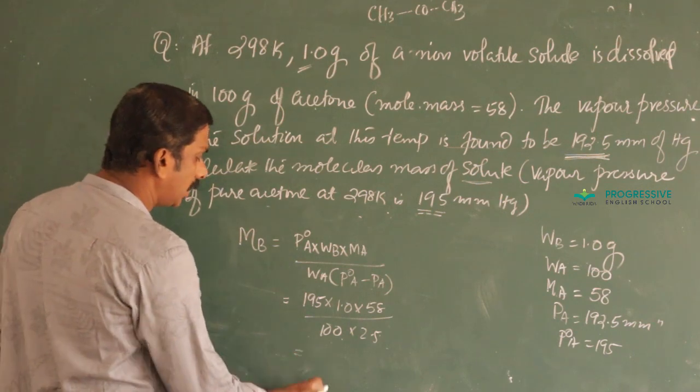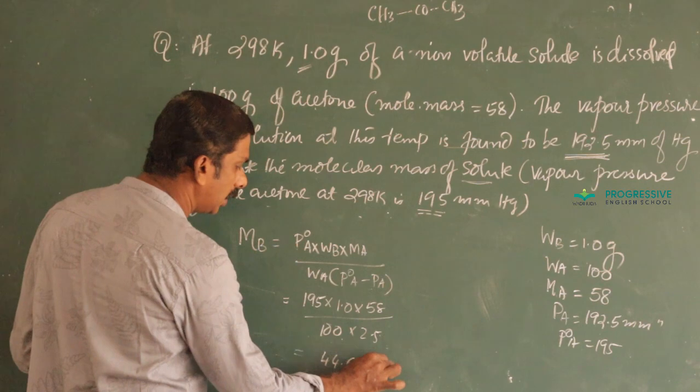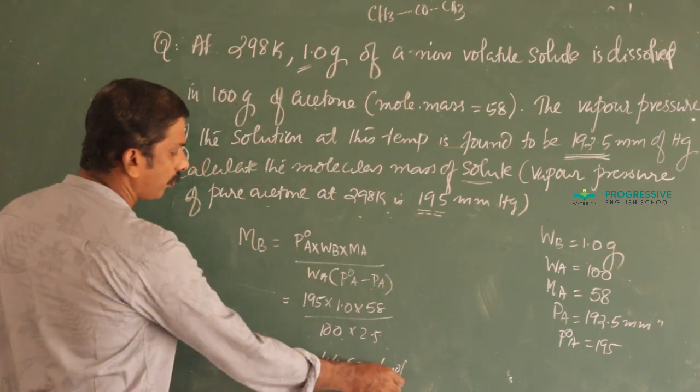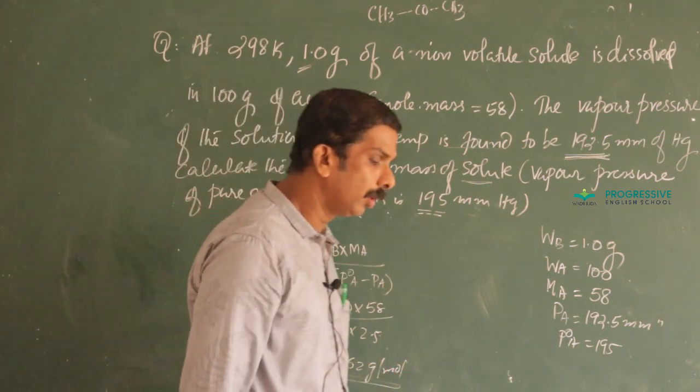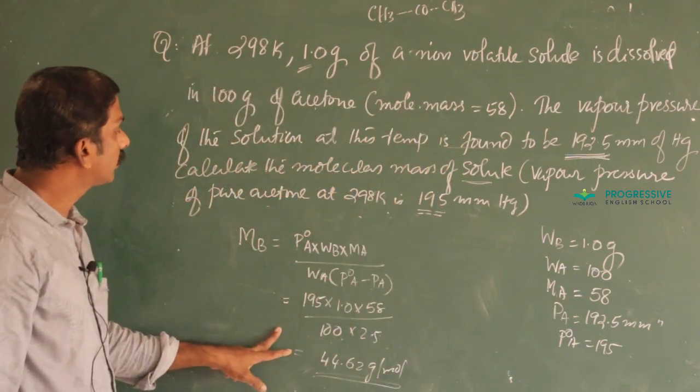On simplification, you get the value as 44.62 gram per mole. That is the molecular mass of the solute.